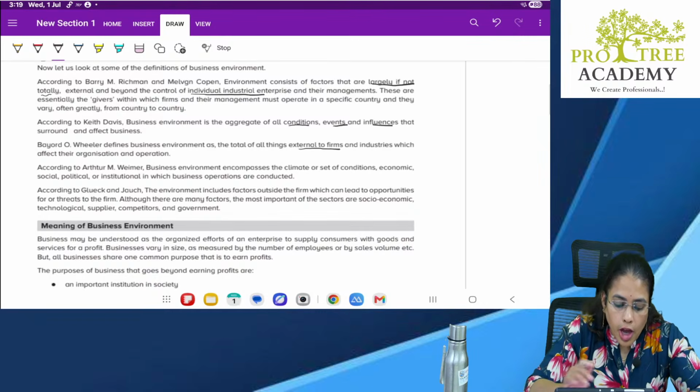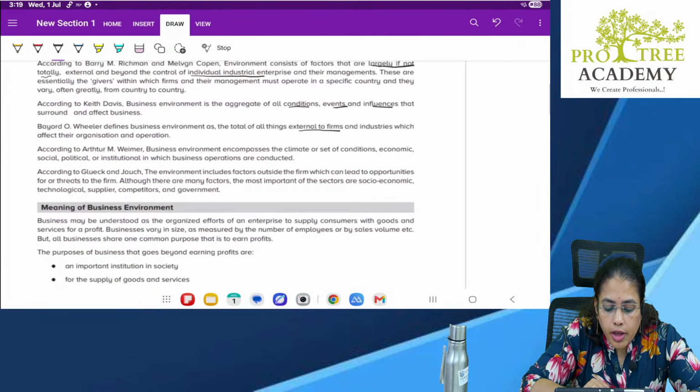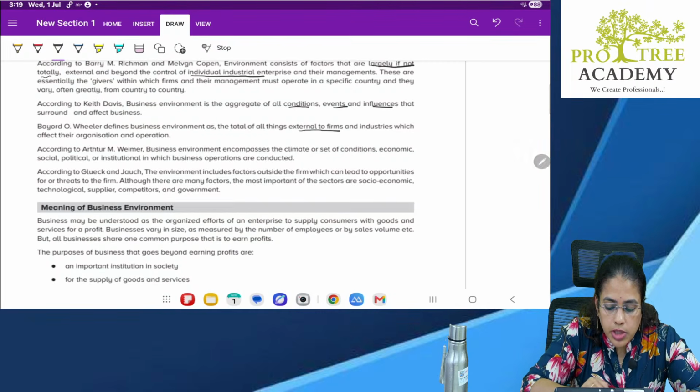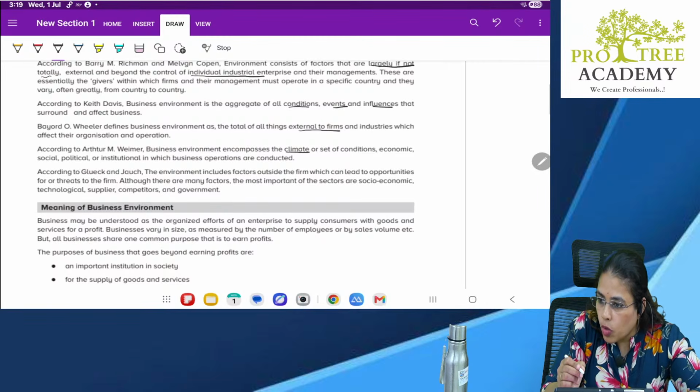Okay. According to Arthur M. Weimer, the business environment encompasses the climate or set of conditions, economic, social, political or institutional, in which the business operations are conducted. So he is stressing more on climatic conditions, what kind of climate.